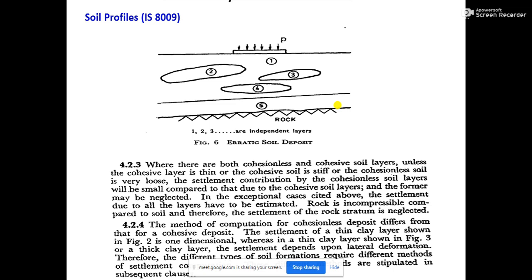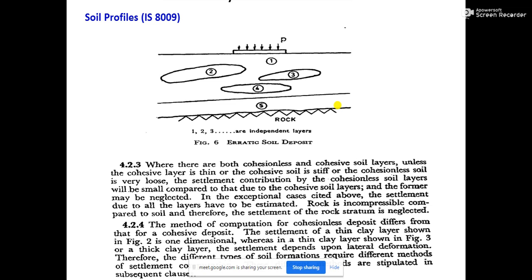So the water needs to escape, either in the lateral direction or the diagonal direction, whatever the direction may be. So it must go through lateral deformation. In that case you cannot apply one dimensional consolidation theory in case of profile number 3 and profile number 4.